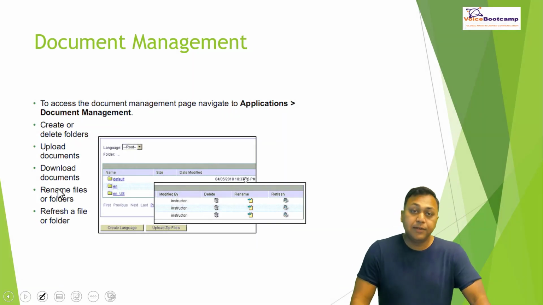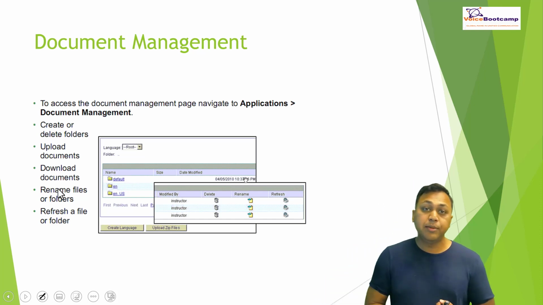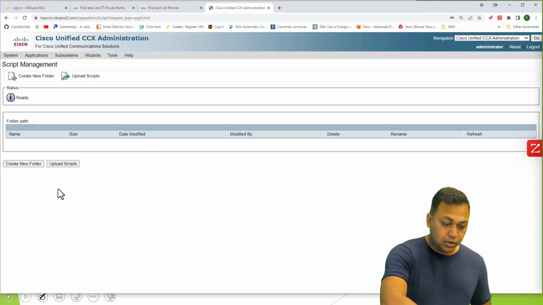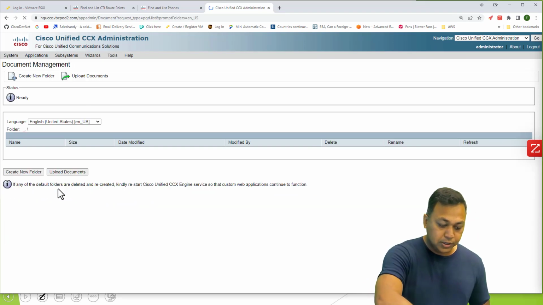Document management. If you need to upload a document, could be an XML, PDF, or HTML file, you will go to the application document management to upload all your documents. So for example, I want to upload a document in the US folder.